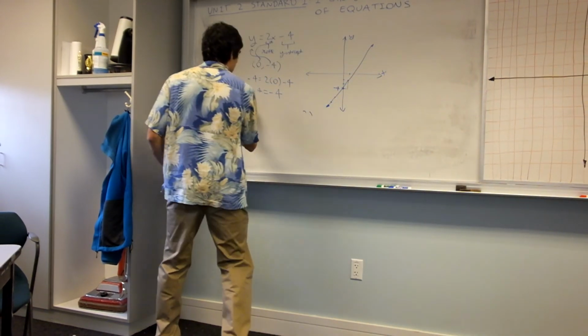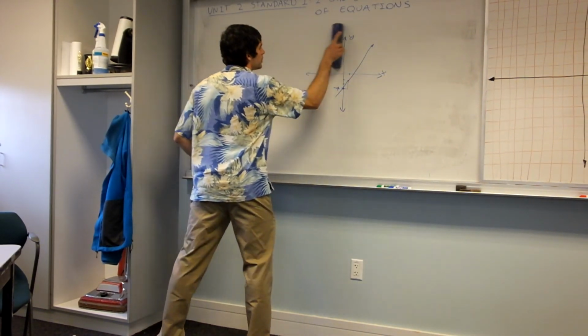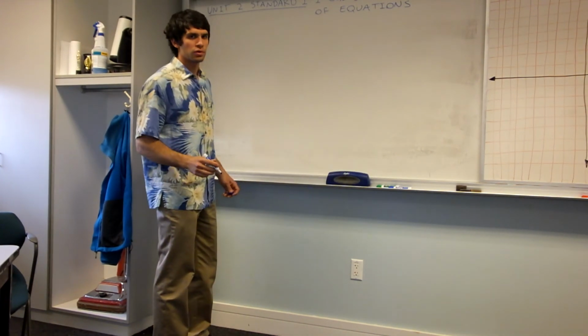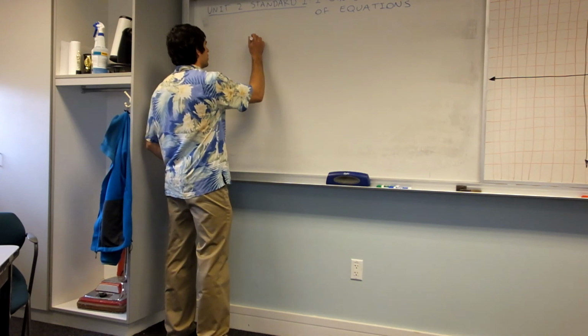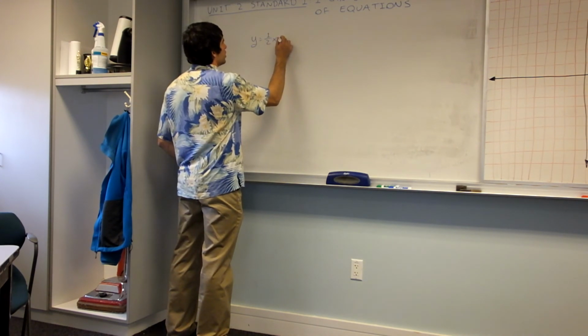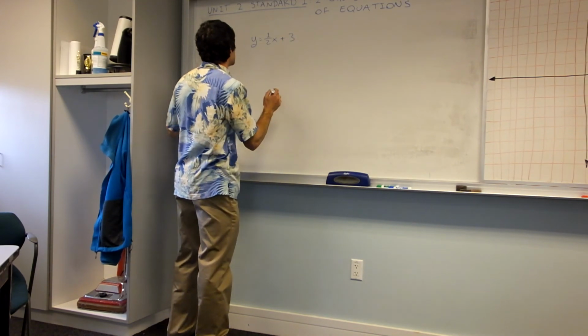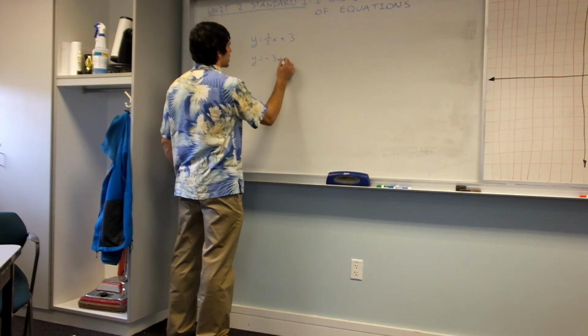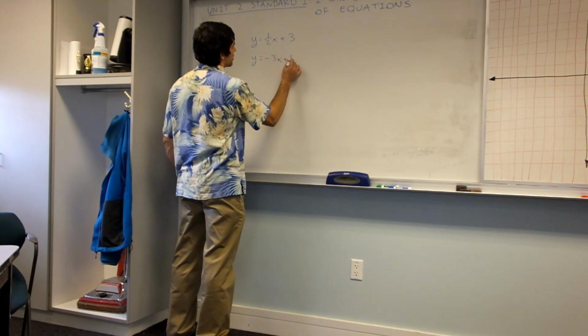So now, suppose that instead of just one linear equation in two variables, we have two linear equations in two variables. So let's do y is equal to 1/2 x plus 3. And let's just say y is equal to -3x plus 8.